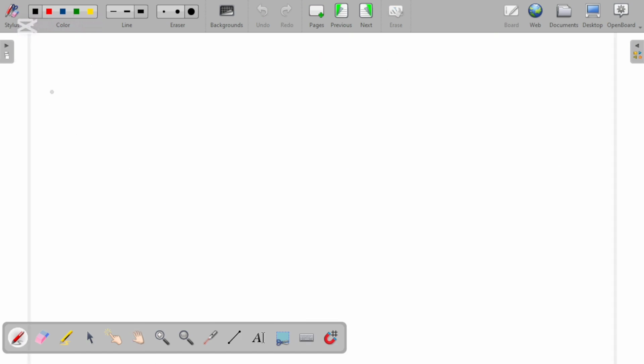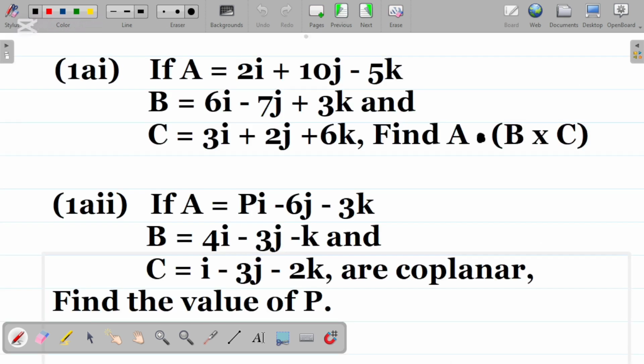Alright, from the question, vector A is equal to 2i plus 10j minus 5k.